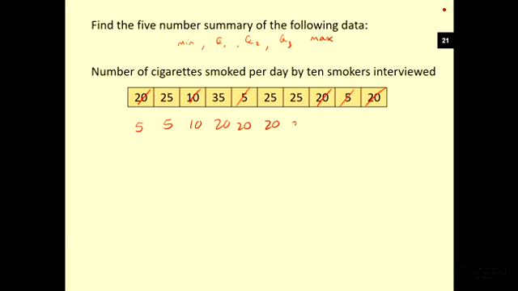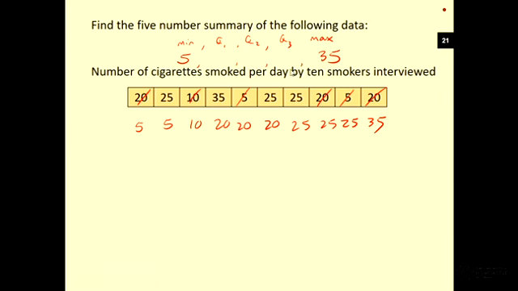Have I missed anything? 25, 25, 25, 35. Okay. All right, max and min are pretty obvious. The min is 5, and the max is 35. All right, 2-number summary done.